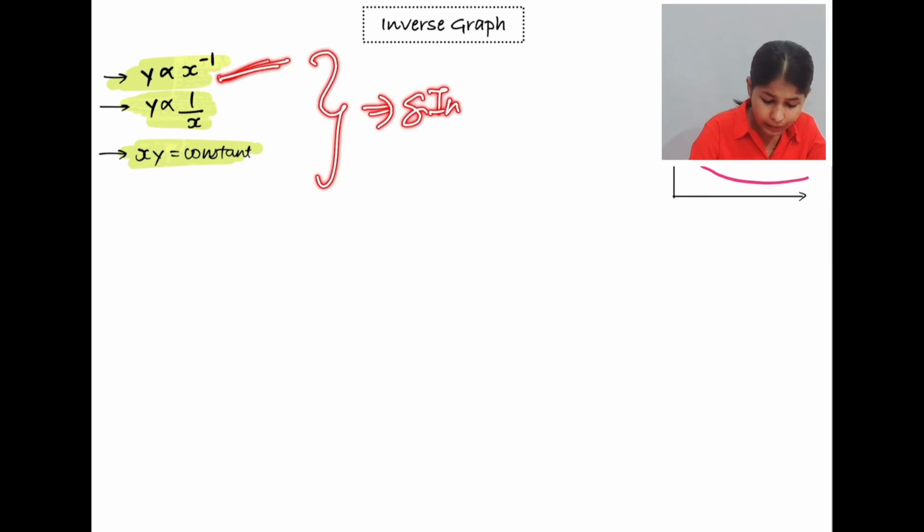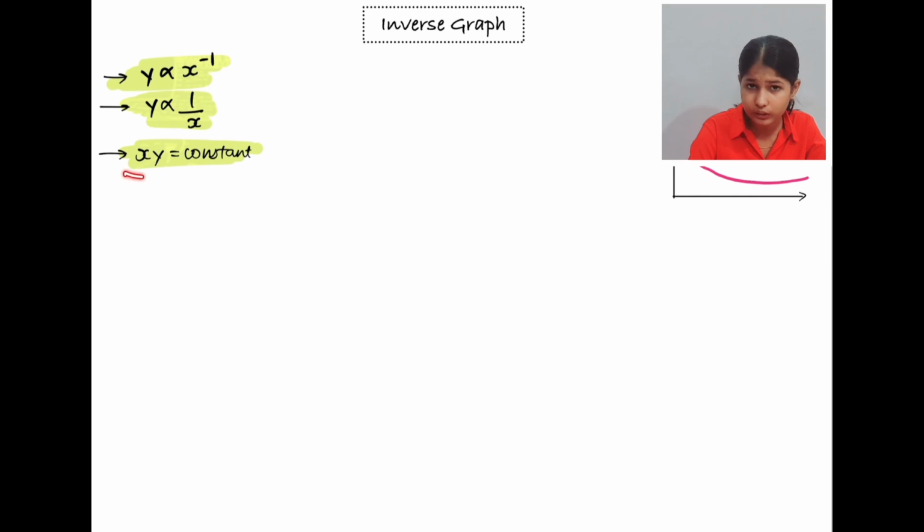They all are inversely proportional to each other, but they are written in different forms. I just have written in all these forms so that you can understand easily. Okay, that's all about the inverse graph. It is very simple, it is very easy. But let me solve a question.